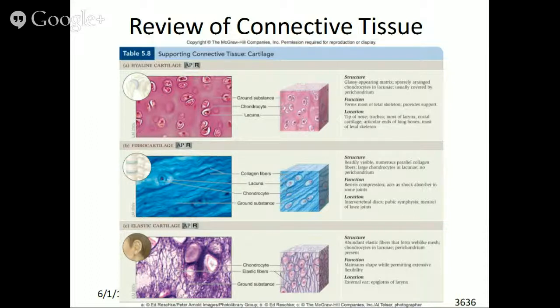But the primary place that people usually remember finding fibrocartilage is those little pads or discs in between the vertebrae in your back. We call them intervertebral discs. And so when a person says that they have a slipped disc, it means that a section of fibrocartilage in their back popped out.